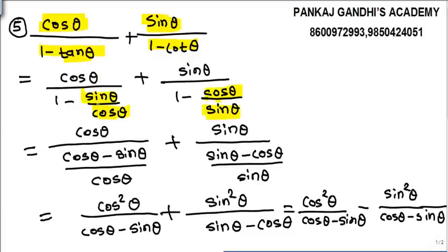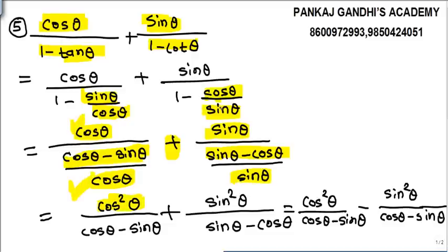So by cross multiplication, the numerator is as it is. Now cos theta minus sin theta divided by cos theta, plus sin theta minus cos theta divided by sin theta. So this cos theta will go in the numerator and it will become cos square theta.